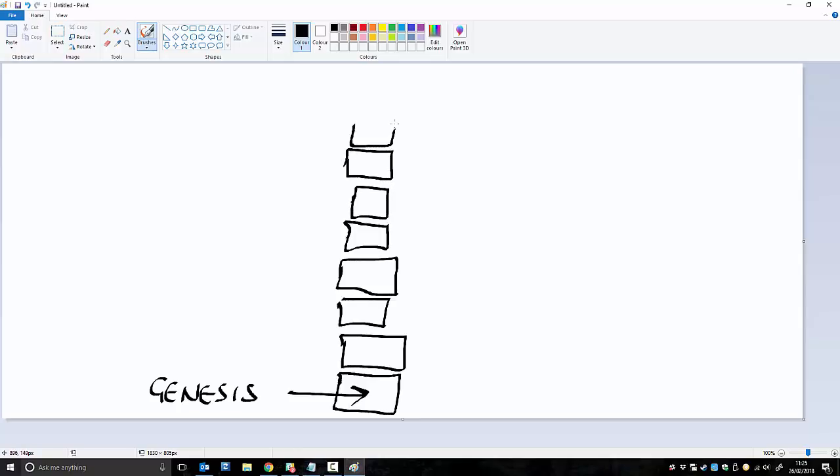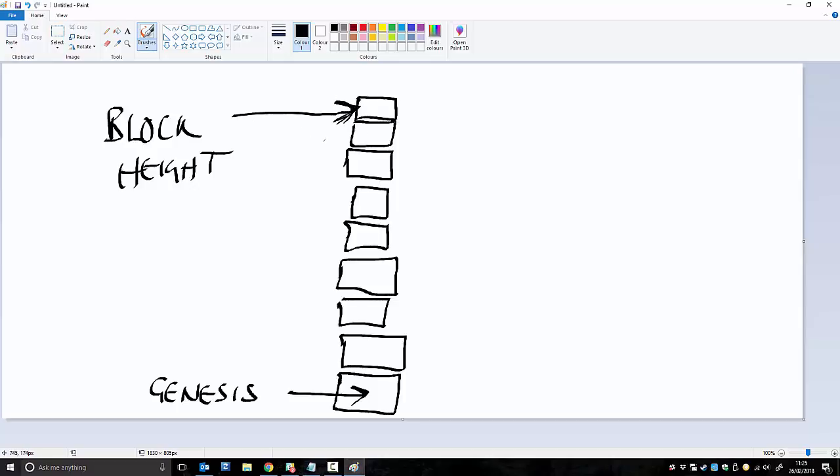So in Bitcoin's case, it's every 10 minutes we get a new block, and basically the block height is simply what is the current height of the blockchain. A lot of people look at blockchains as though it goes down, and yes, you can do that, but in terms of block height, it's an upwards type thing.